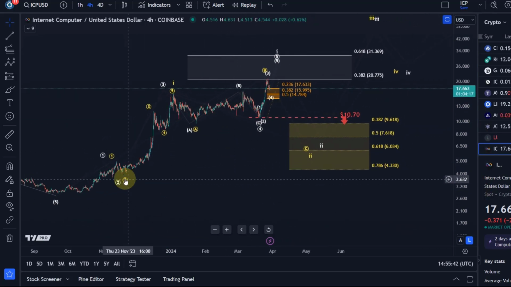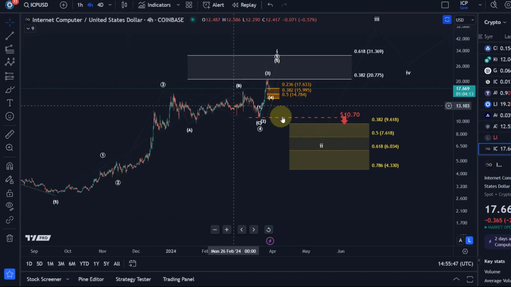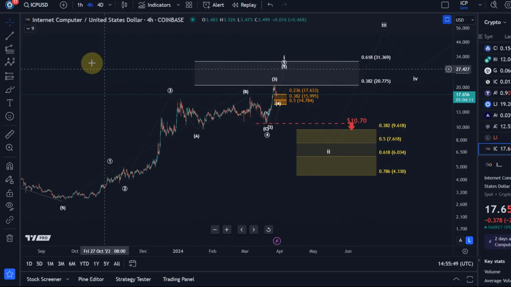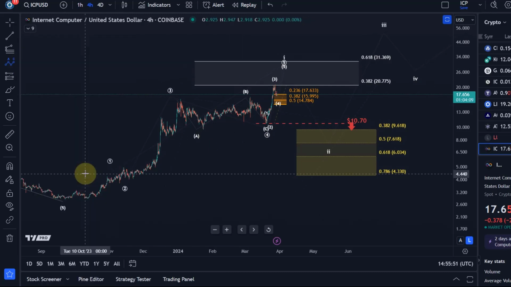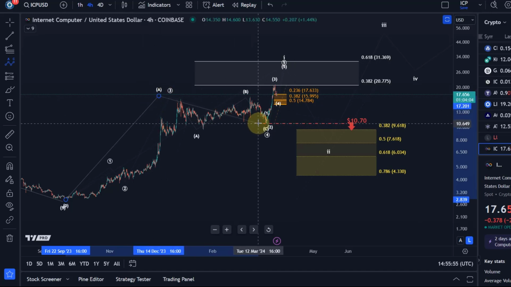What I will do is take out the yellow count, because it didn't make a great difference anyway. But I would rather introduce a potentially even more bullish alternative, because this move up could have been an A wave, and this here could have been a running flat in wave B instead of a wave 4.